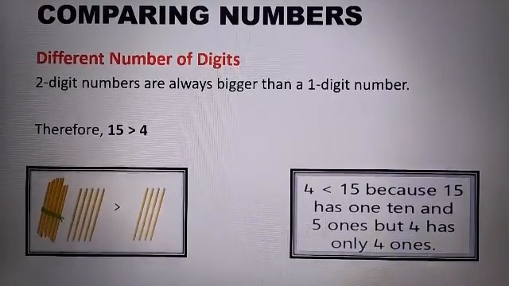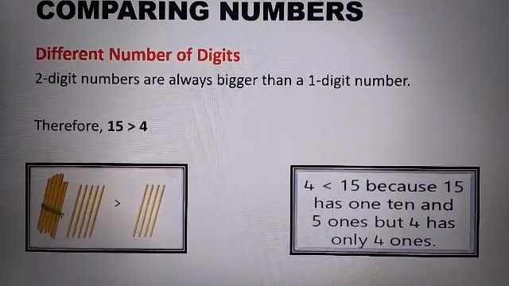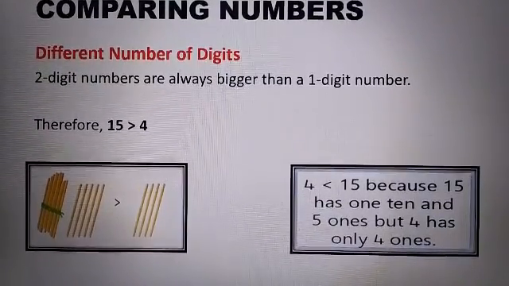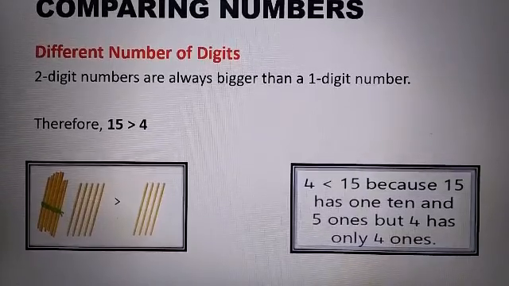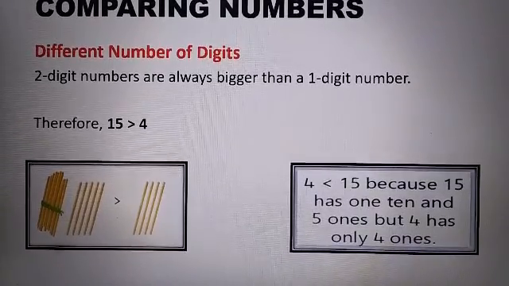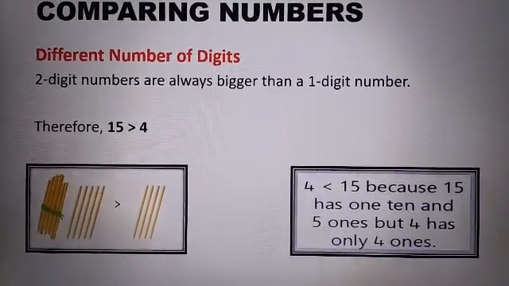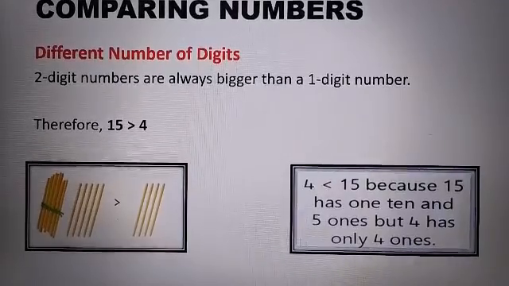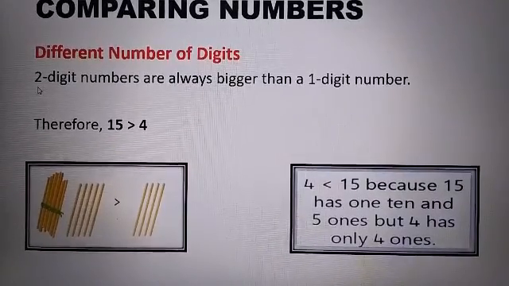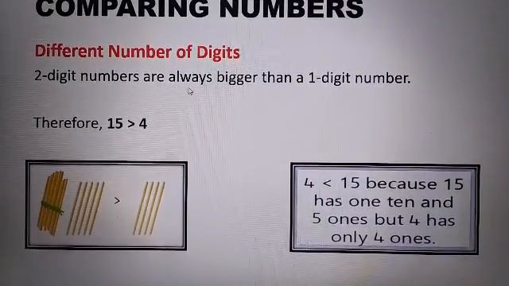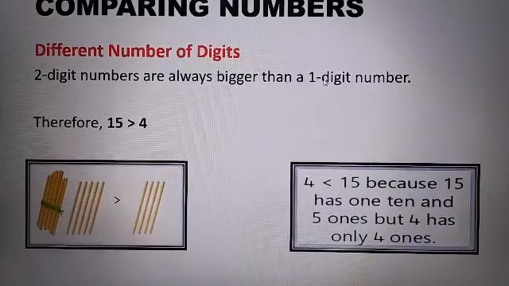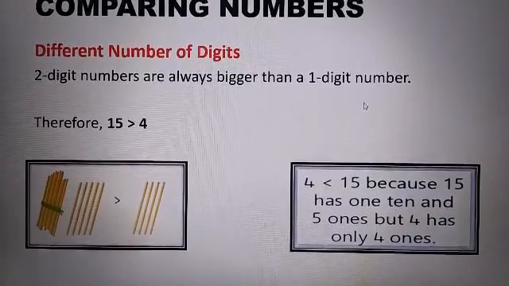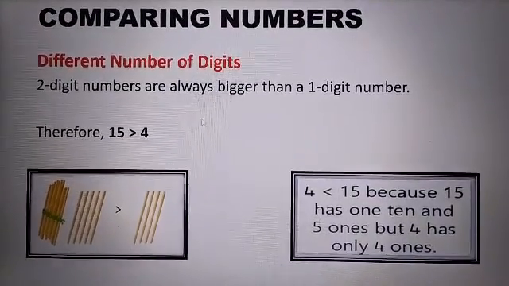Now let us see different numbers of digits. You have already studied 1-digit numbers and 2-digit numbers, right? So let us see how you are going to compare the numbers with different digits. 2-digit numbers are always bigger than 1-digit numbers. Good.